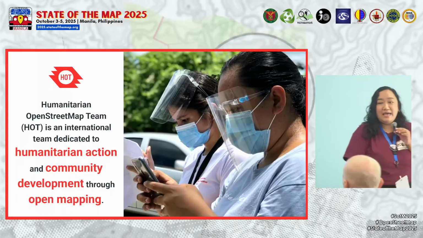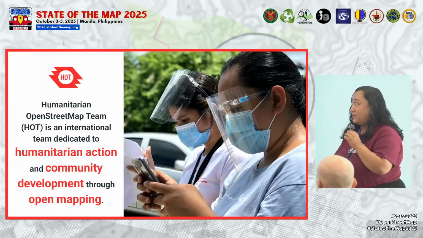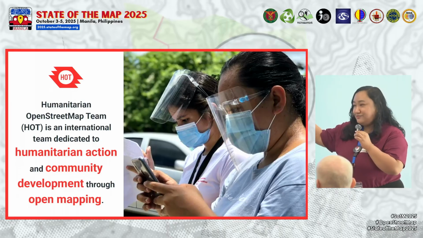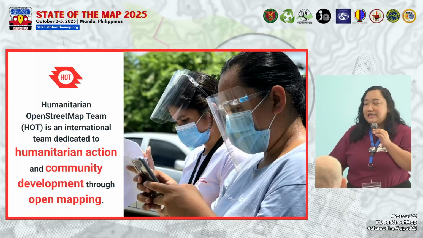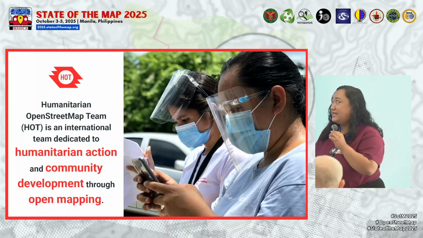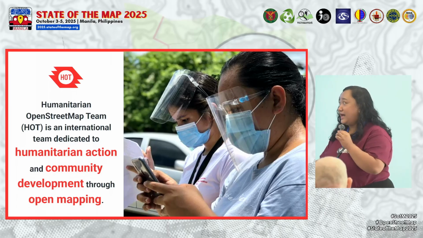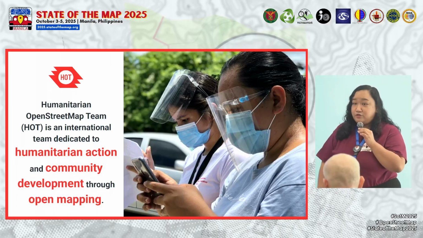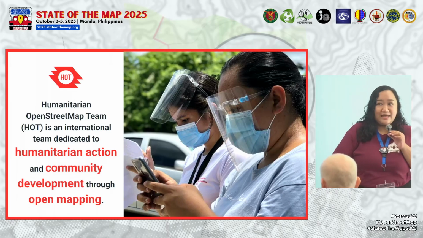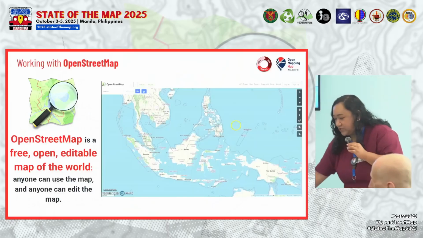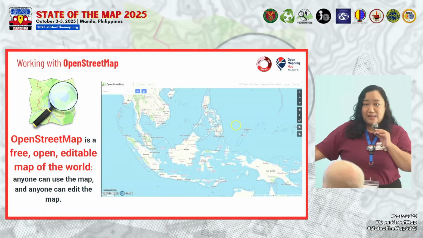I'm Honey and I am from the Humanitarian OpenStreetMap Team, or HOT in short, and we are an international nonprofit dedicated to humanitarian action and community development through open mapping. That is why in our projects we mainly use OSM.